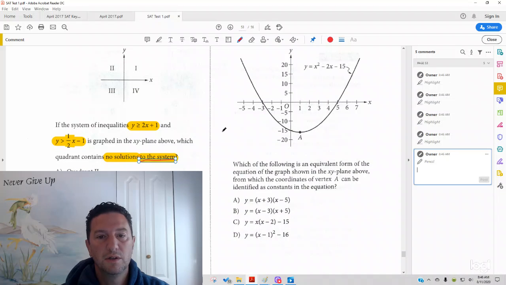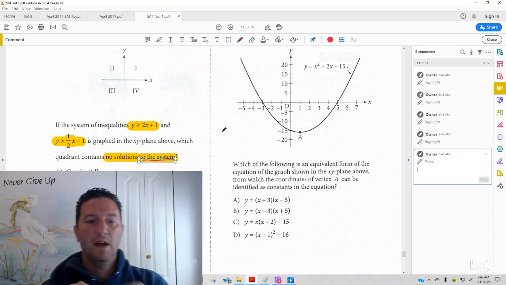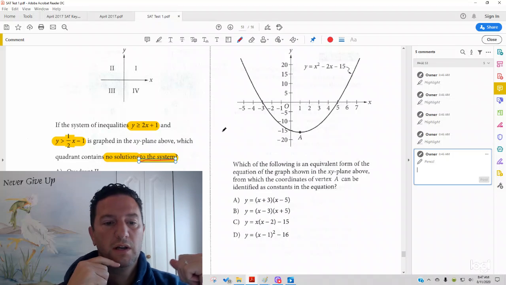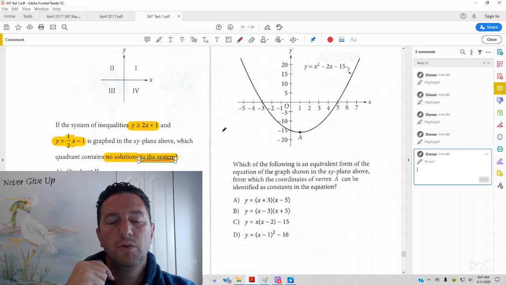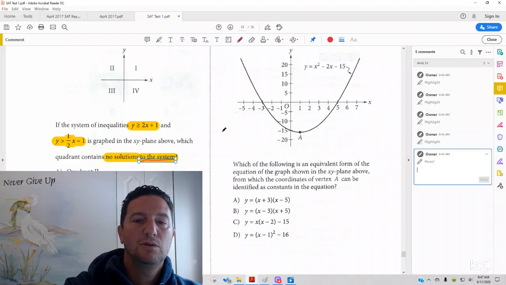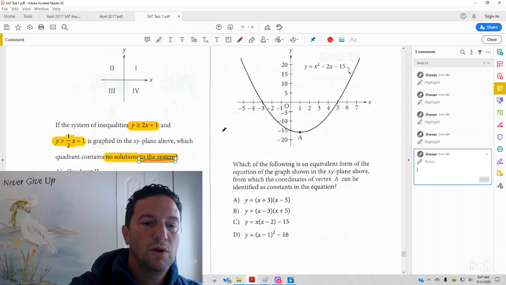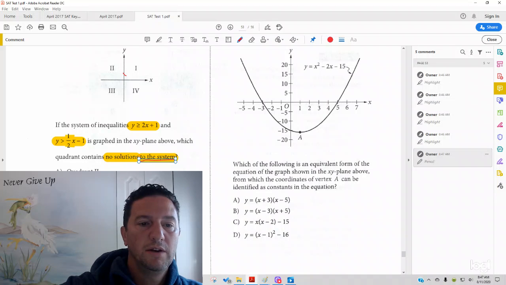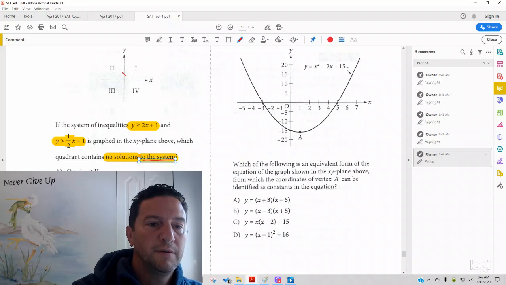So what we want to do is make a quick graph of what's going on here. First, y is greater than or equal to 2x plus 1. Whenever you're graphing the equation of a line, it makes sense to plot the y-intercept first and then graph it. The y-intercept for this first inequality is 1, so it's right about there.